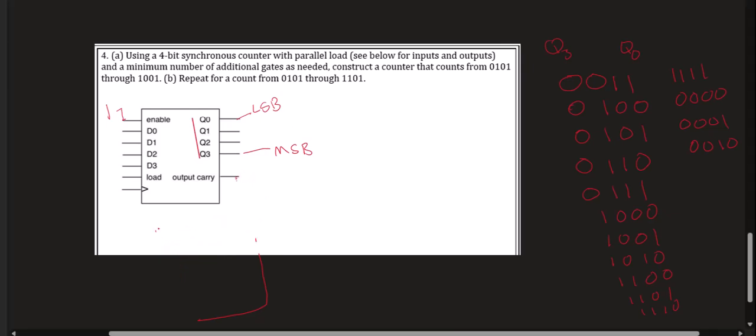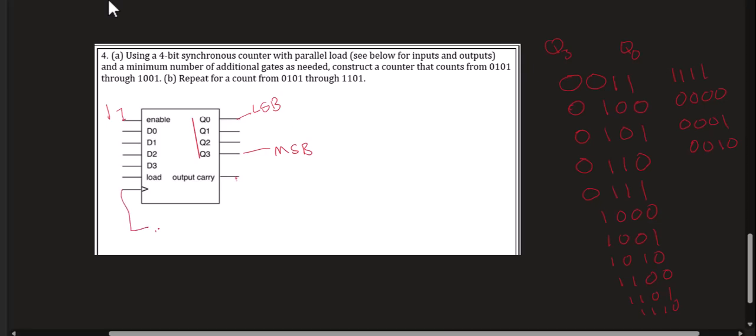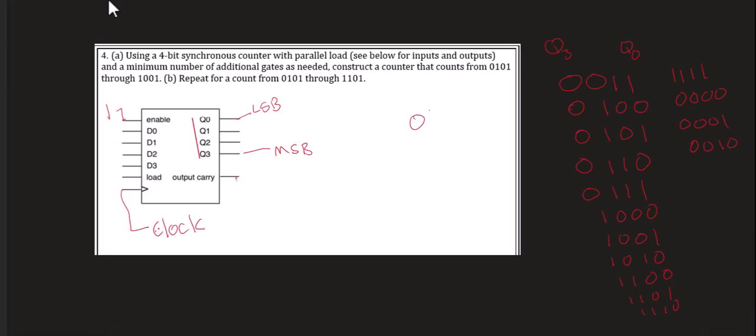Okay, so we want it to start at a certain value. So I'm going to have the clock right here. And we want it to start at 0101. So this is D0, D1, D2, and D3.